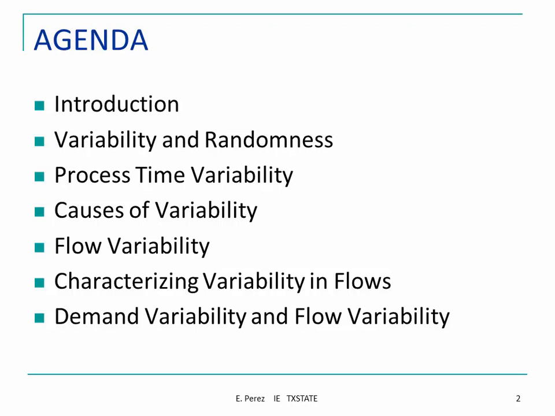I'm going to give you an introduction in terms of why it's important to consider variability when we are studying manufacturing systems, and the concept of variability and randomness. Then we're going to discuss what is process time variability, what are the causes of variability, what is flow variability, and finally we're going to characterize the flows and how variability affects those. And finally, we're going to talk about demand variability and flow variability.